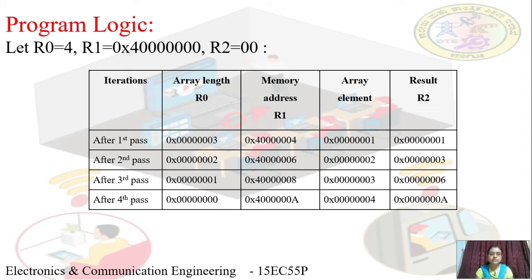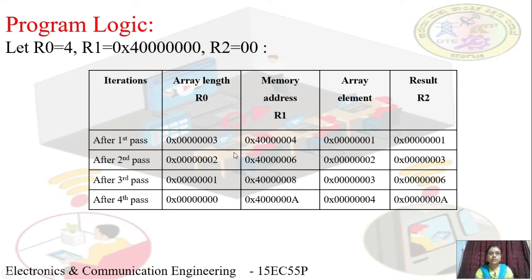After the first execution, the array length R0 becomes 3, that is, decremented by 1. Then memory address R1 points to the memory location 4004, where the array element we have given is 1. So the result is 0 plus 1, which is 1.